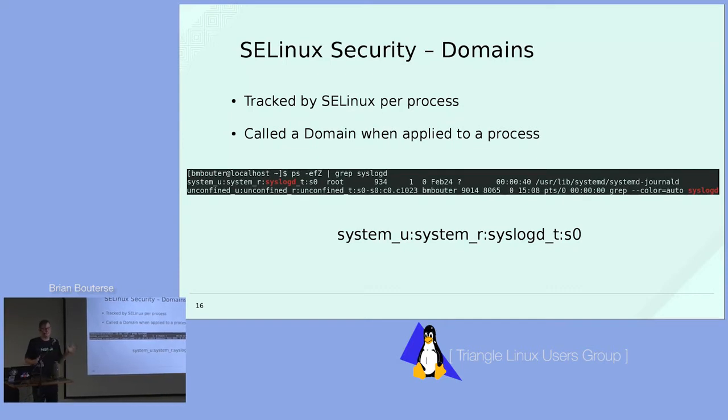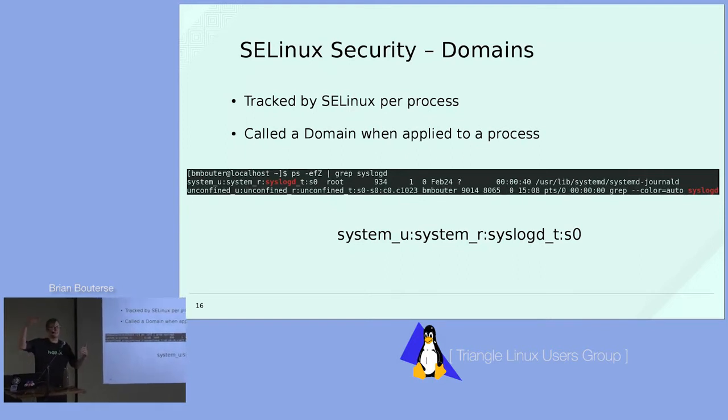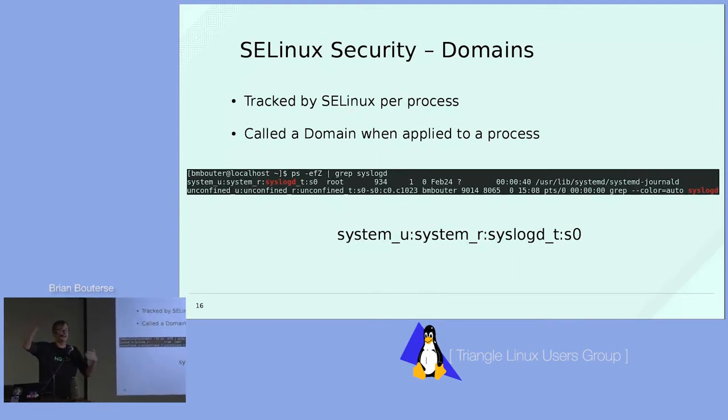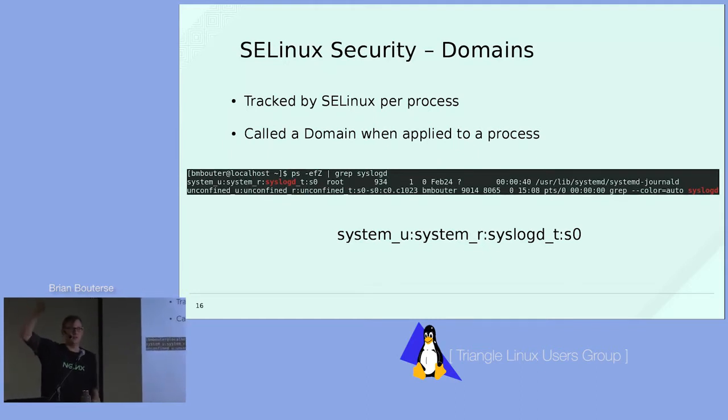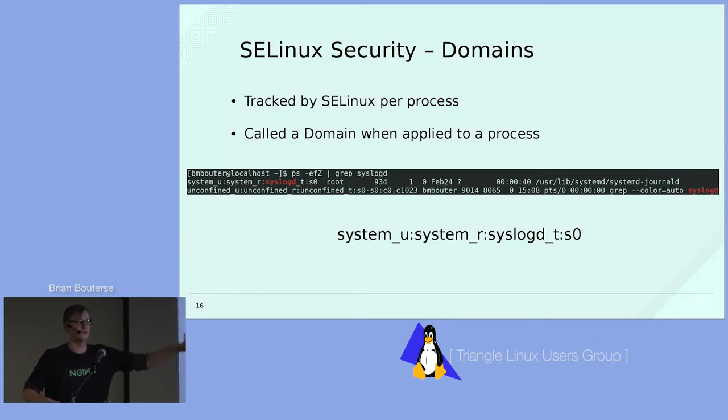We're going to analyze these in a minute, but the idea is that they're labels. There's a label on your process, there's a label on a file, and SELinux is reasoning about, from the policy, whether this process label can do something like an action to this file label.